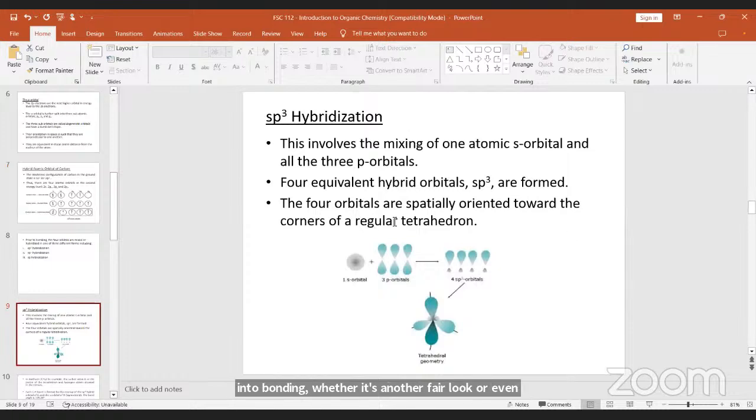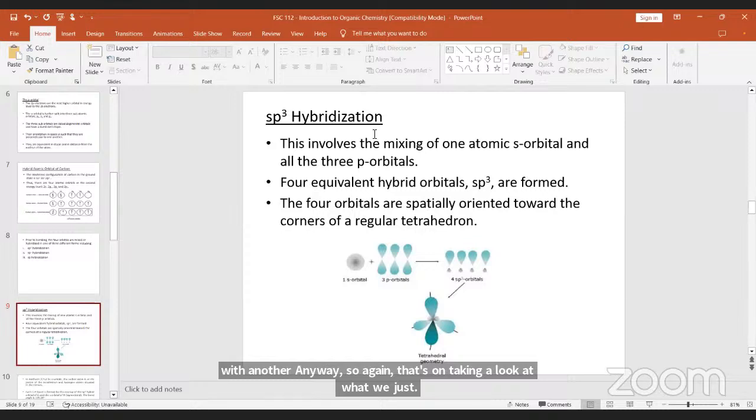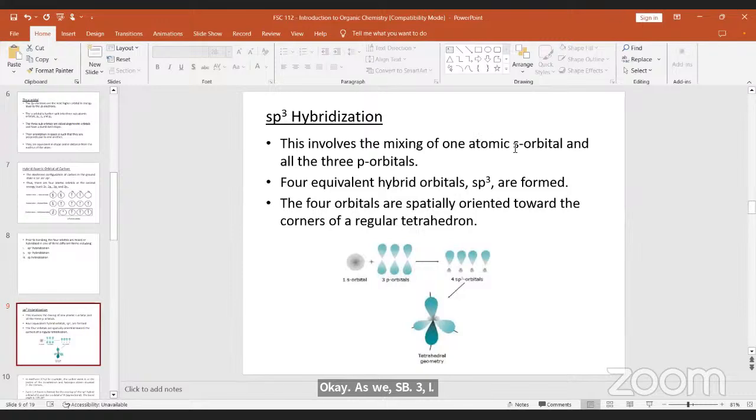So again, let us take a look at what we just discussed. sp3 hybridization involves the mixing of one atomic s orbital and all the three p orbitals to form four equivalent hybrid orbitals, which are sp3 hybridized orbitals.